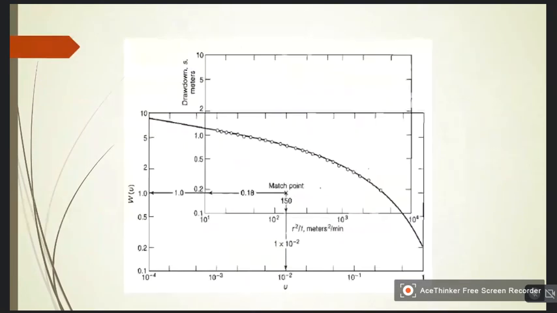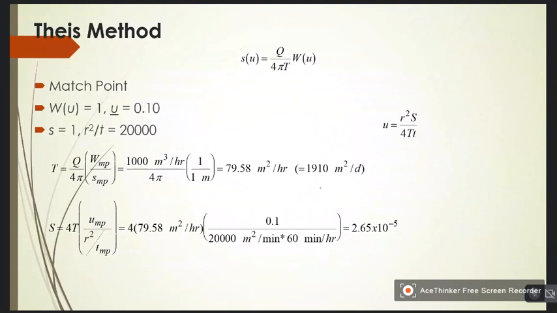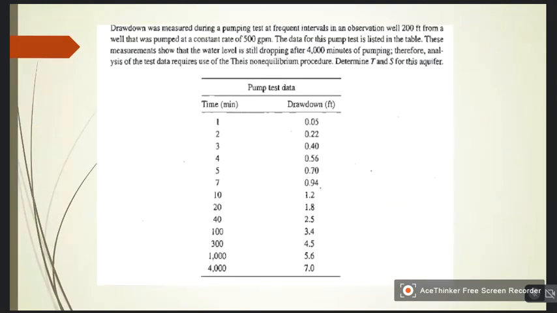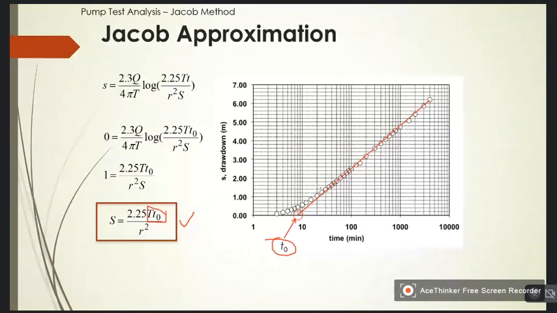Now, I have given this problem. So you solve this problem also using the Jacob method. For this, you don't require a tutorial. Straight away you can do it. In the university examinations, this can be given.